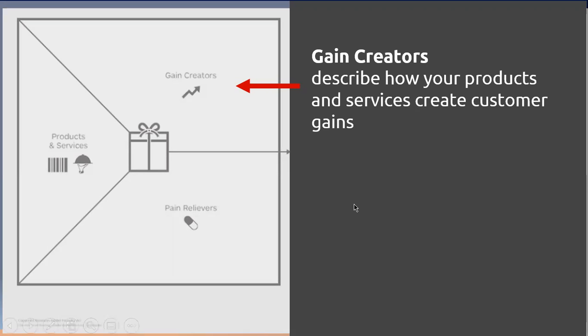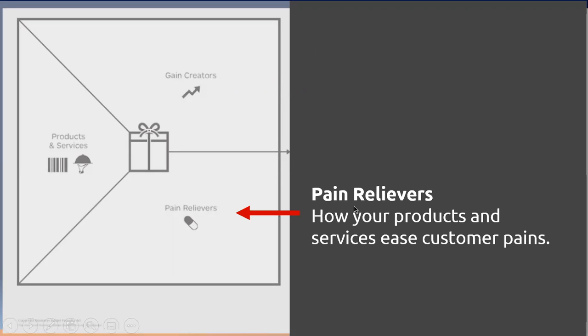And then finally, you will fill in the pain relievers, how your products and services ease customer pains. Here I recommend that you fill in this order, although in the customer profile box, you could fill in any of those three areas. But here, personally, I suggest that you first fill in the products and services, then gain creators, and finally, the pain relievers.